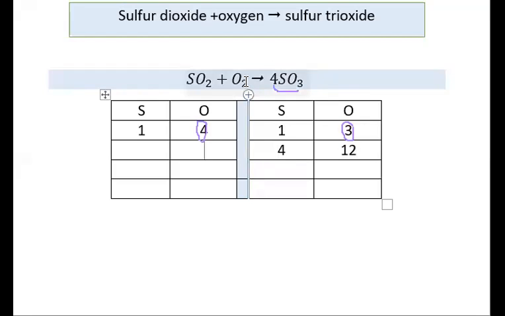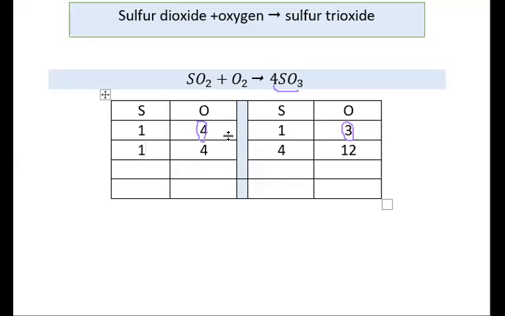So guys, what do I need to do to this side in order to get 12? What can I do here? Okay, let's see how it goes. So I still have 4 oxygen here, and I have 1 sulfur, and I see that I need to bring sulfur to a 4.